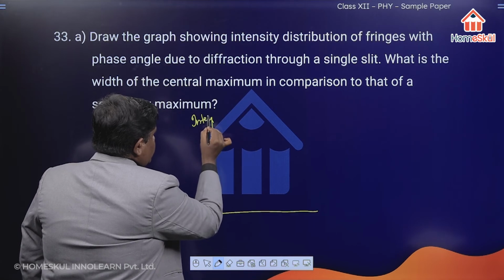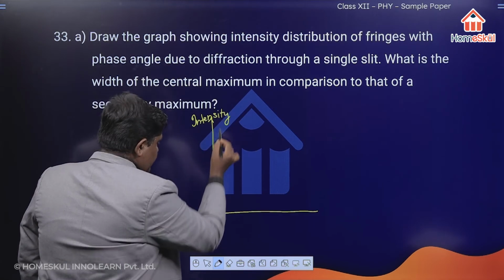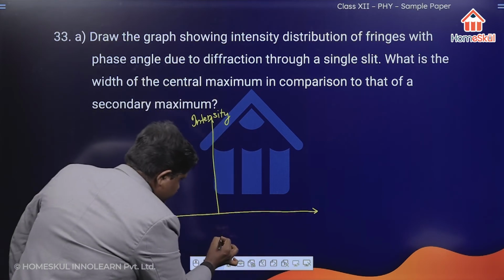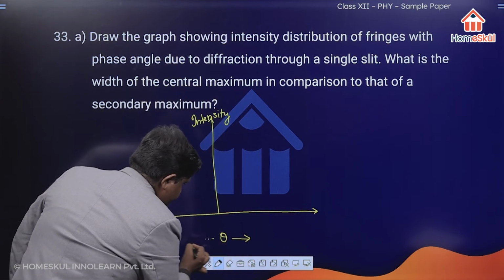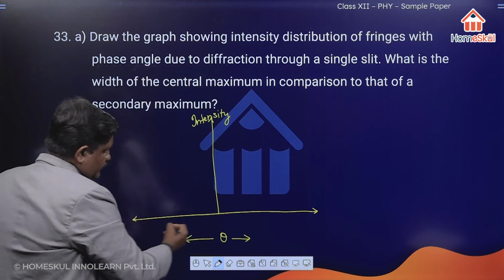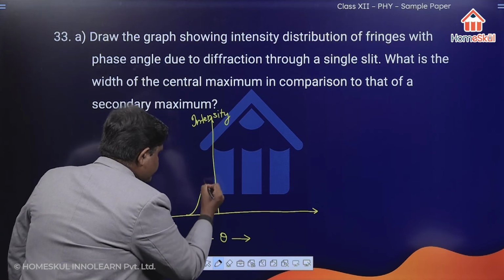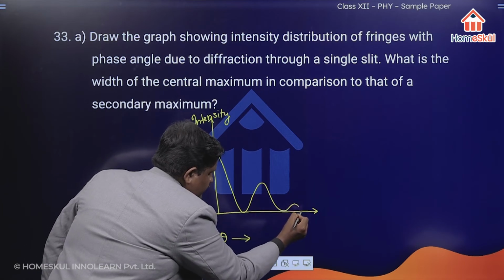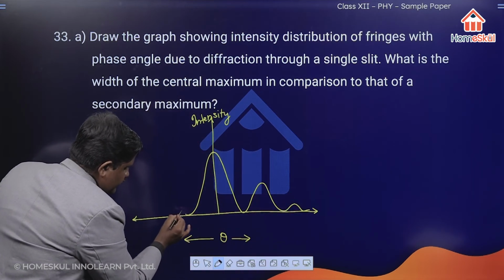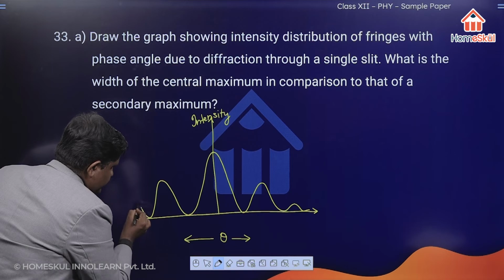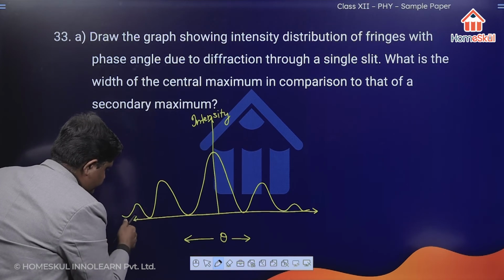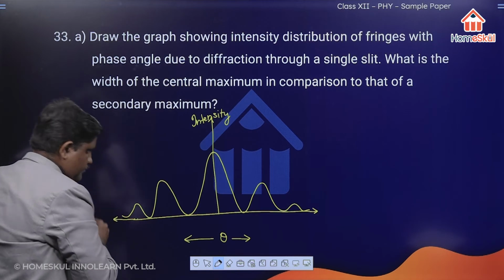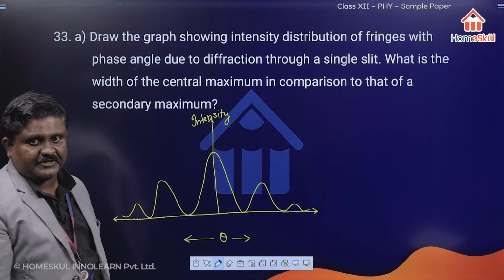On the y-axis we take intensity, and here we take the diffraction angle. Since it's a diffraction pattern, the amplitude will decrease, here also the amplitude will decrease.